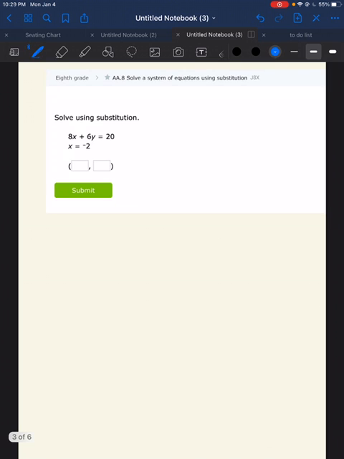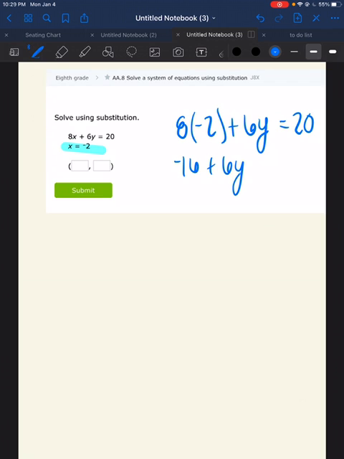Okay, next one. I'm going to do the same thing, except we are given an x. So I'm going to plug that in. So I have 8 times negative 2 plus 6y equals 20. Negative 16 plus 6y.